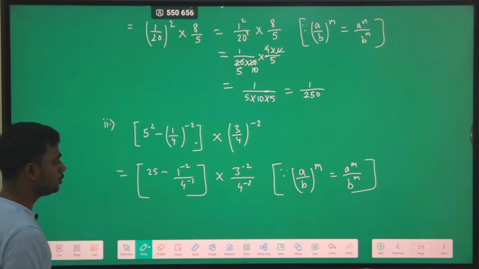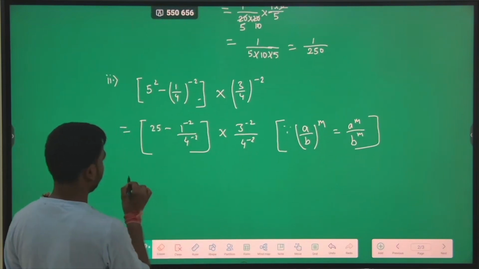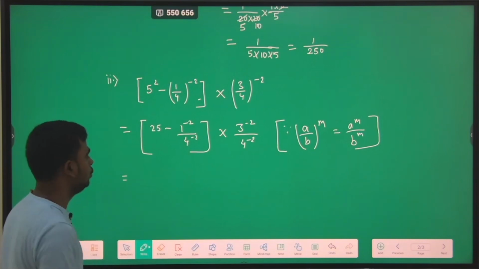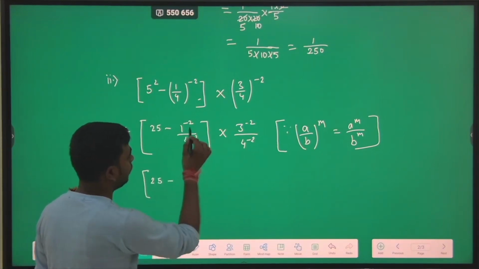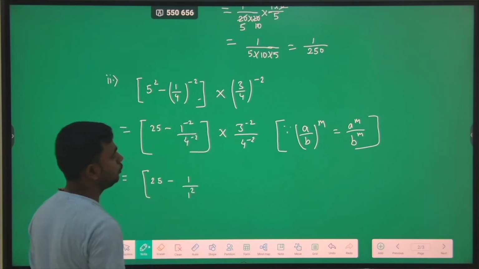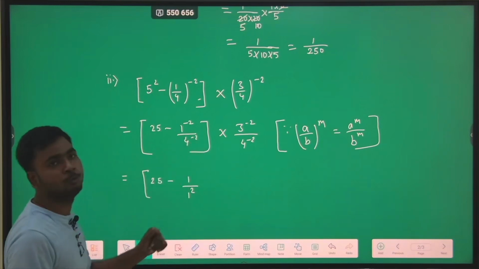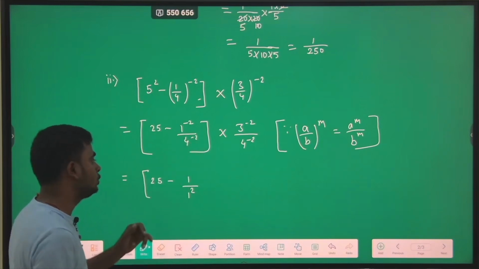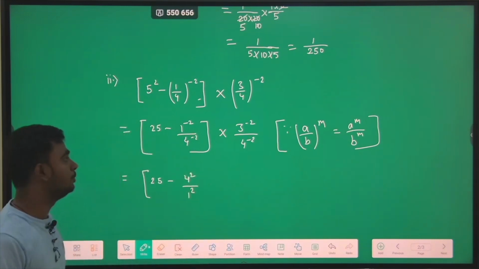So what will it be? It will be equal to 25 minus 1 to the power minus 2, which will be 1 upon 1 to the power 2, and 4 to the power minus 2 will be 1 upon 4 to the power 2, which on reciprocating we will get 4 to the power 2 in the numerator.